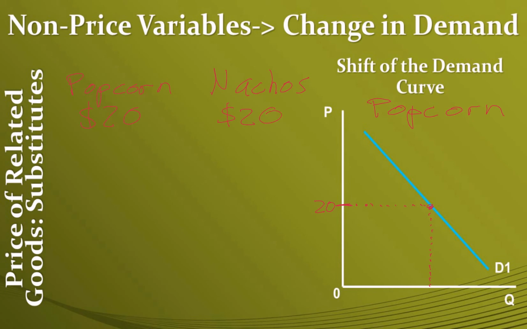Let's imagine the following scenarios. Let's say that the price of nachos is to go down. Let's say it's a Wednesday, so the movie theater decides to put nachos to a lower price. So nachos will be 10 pesos.